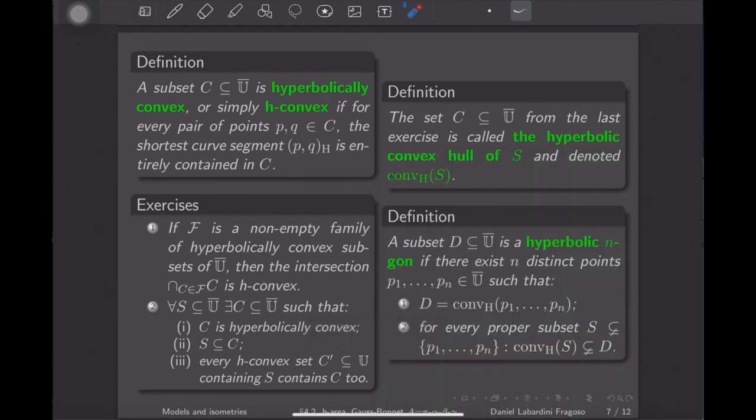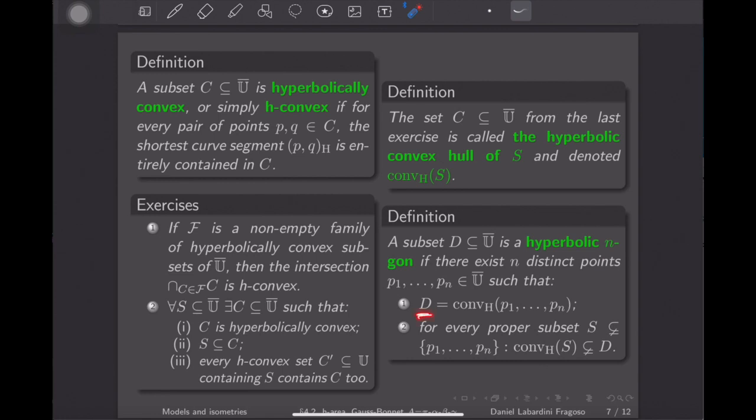And this brings me to the next definition. A subset D of U bar is called a hyperbolic n-gon, or a hyperbolic polygon with n vertices, if there are n distinct points in U bar with the following two properties.